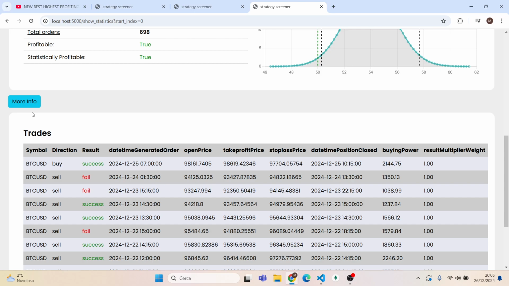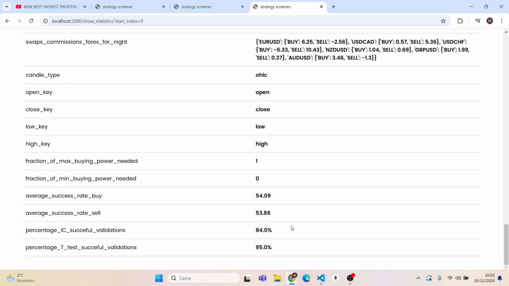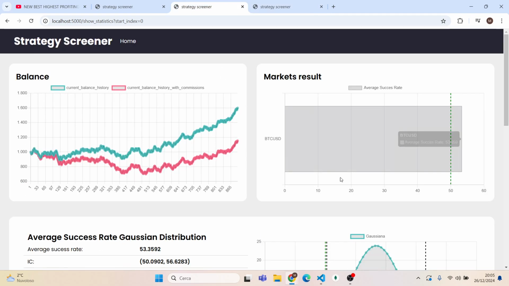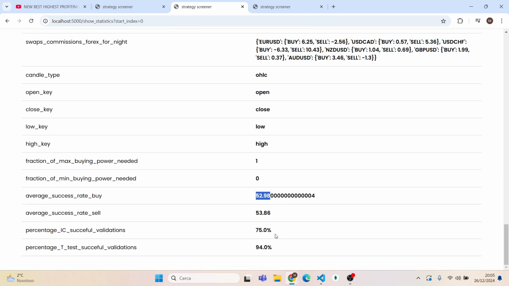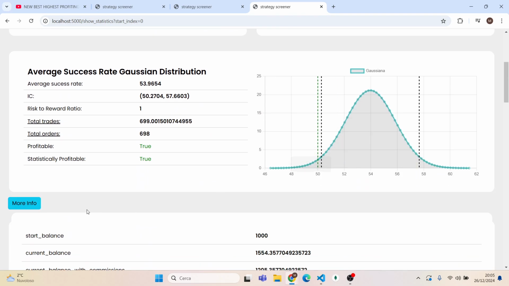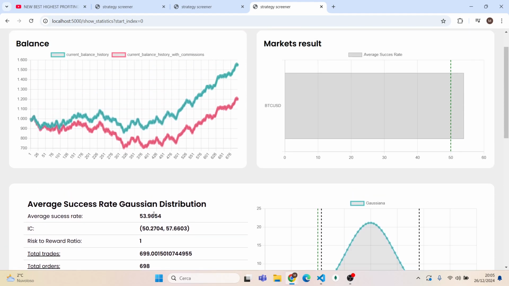And yeah, we made a good improvement anyway, because as you can see, we increased the average success rate by more than 1 percentile point, and yeah, for a first result I'm pretty satisfied.